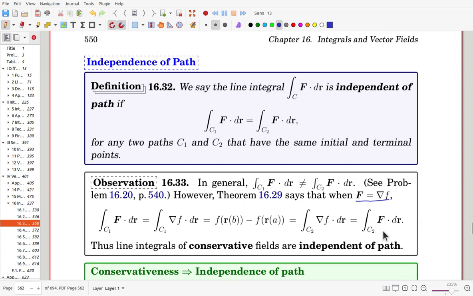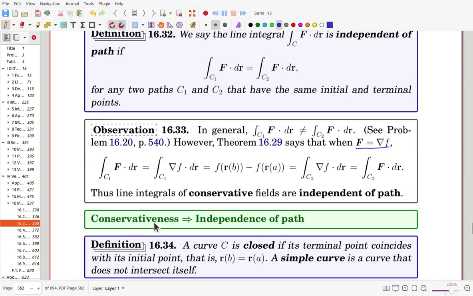Now, for another curve, C2, the integral can be written along with the gradient of the potential. Again, using the theorem, we reach the same quantity. So once the vector field is conservative, the integral must be independent of a path. So we can say here, conservativeness implies independence of a path.